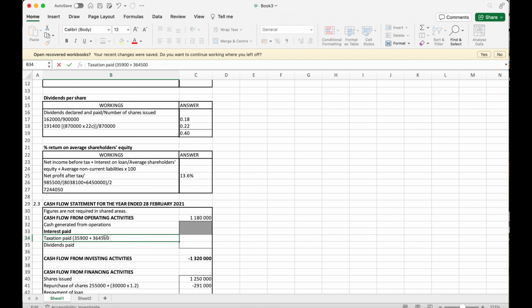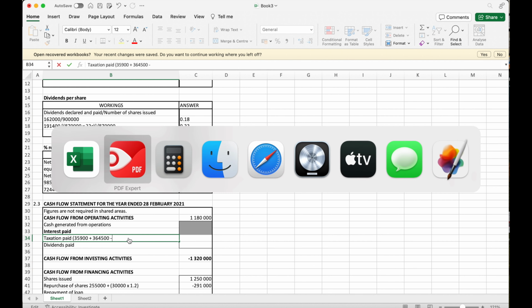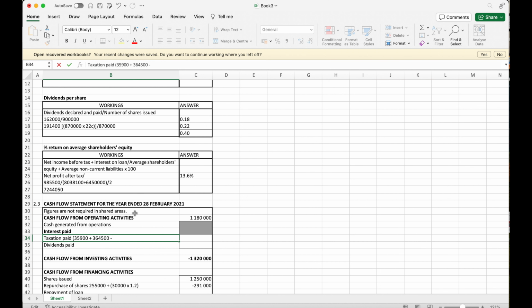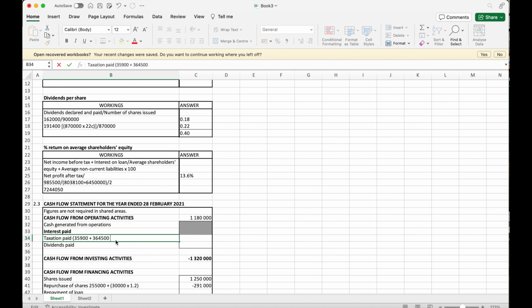And you see, it was not easy to get it. It just wants you to understand your work. And minus the unpaid amount at the end of the year. You look at the end. Surprisingly, they are saying it's a debit. So if it's a debit, we're not going to minus it, we're going to plus it. Plus how much? Plus 29,100.